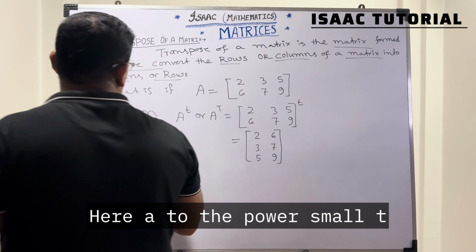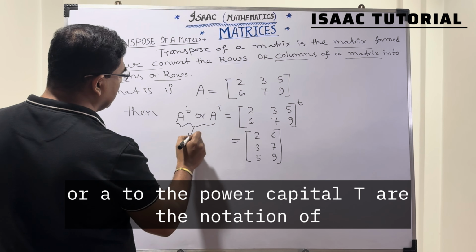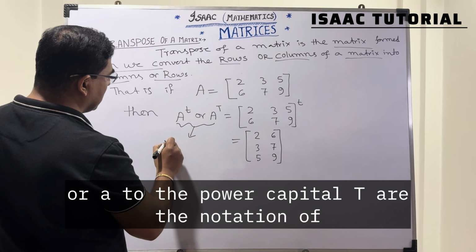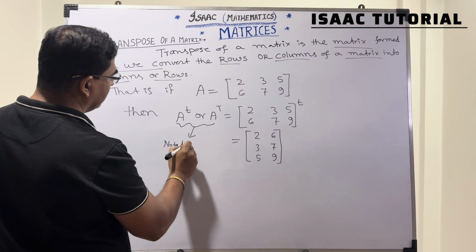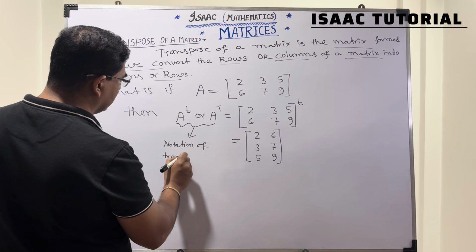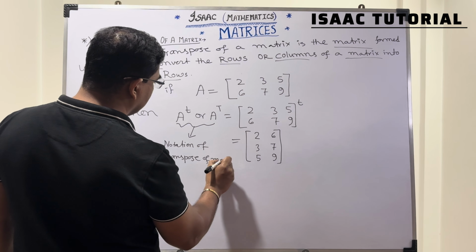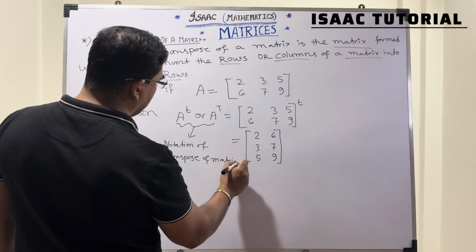Here A to the power small t or A to the power capital T are the notation of transpose of matrix A.